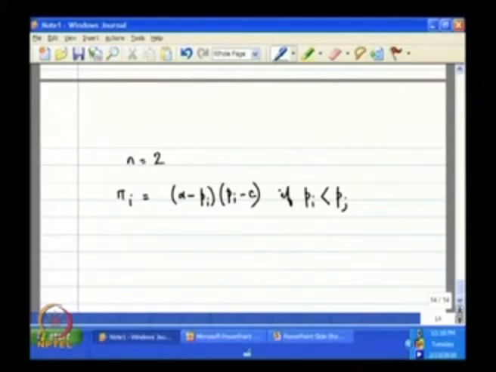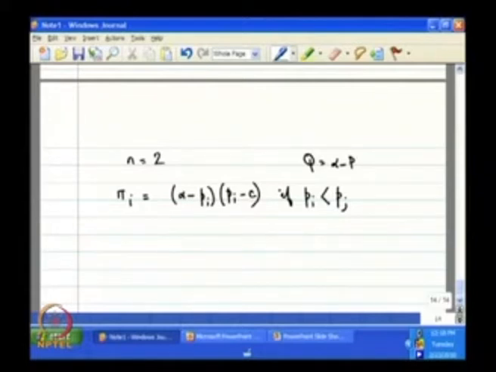If Pi is just equal to Pj, then the market is getting divided. Each firm is getting half of the demand, which means that Q, which was equal to alpha minus P, each firm will get only half of it.